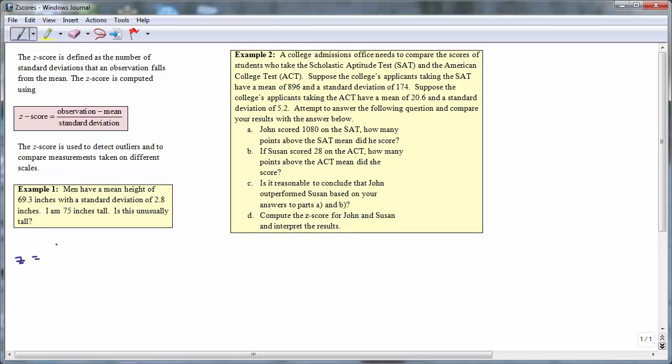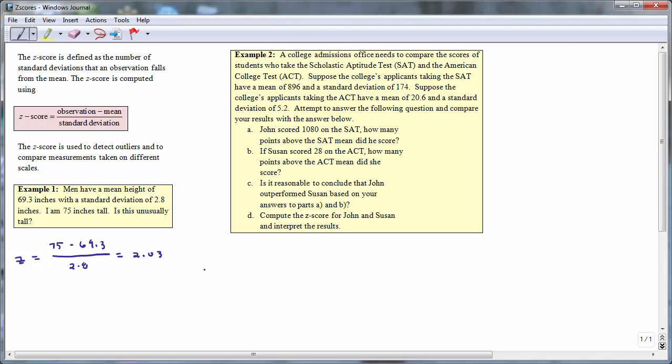So the z-score would be the observation of 75 inches minus the mean of 69.3 inches divided by the standard deviation of 2.8 inches. And you can do the subtraction and the division, and we come out with a z-score of 2.03. So it turns out that I am about 2 standard deviations above the average height. This would not be considered an outlier.